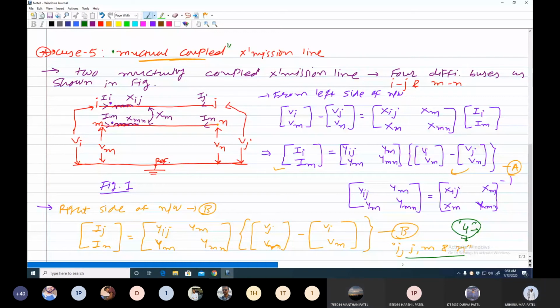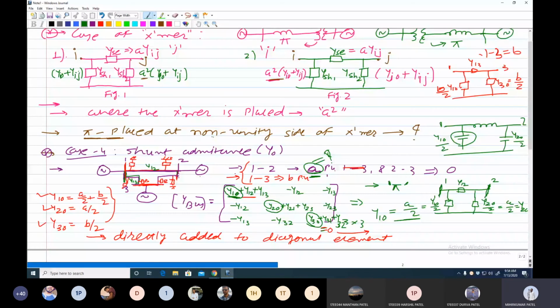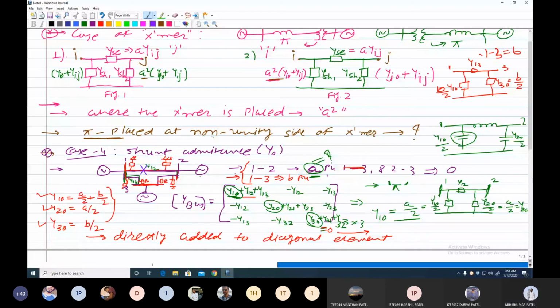Just see this case here. If we have considered the admittance offered by this transmission line between buses 1 and 2, and if in this network I remove this transmission line, then how many parameters get affected?